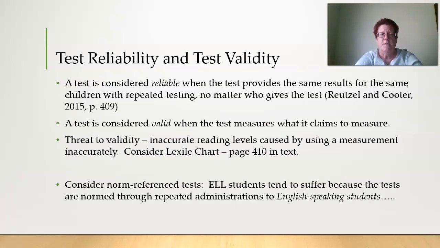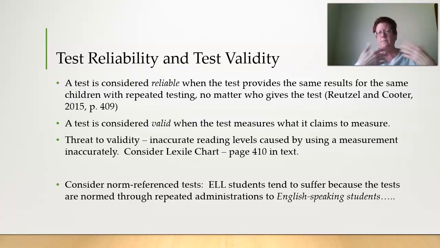We need to talk a little bit about test reliability and test validity. The standardized tests are considered reliable and valid. And really what this means is these definitions are listed here. A test is considered reliable when that test provides the same results for the same children with repeated testing, no matter who gave the test.